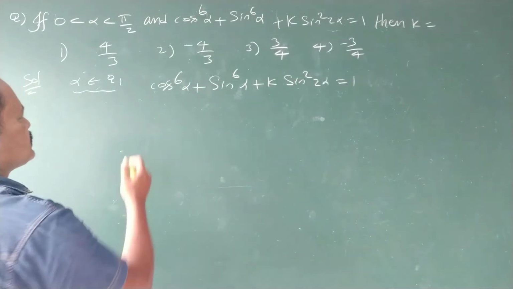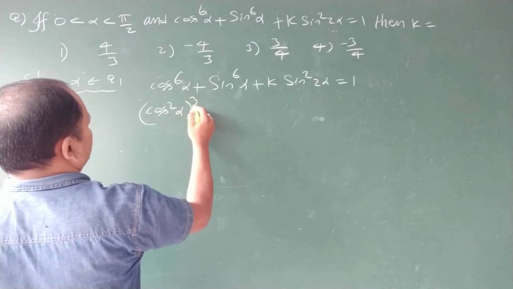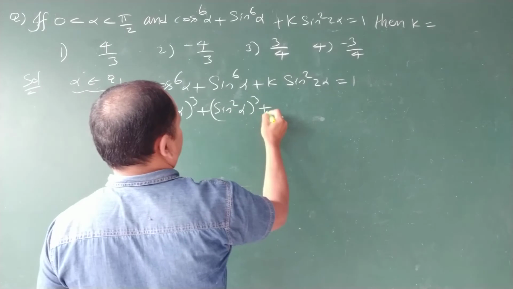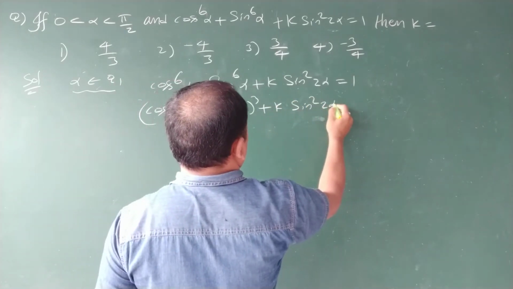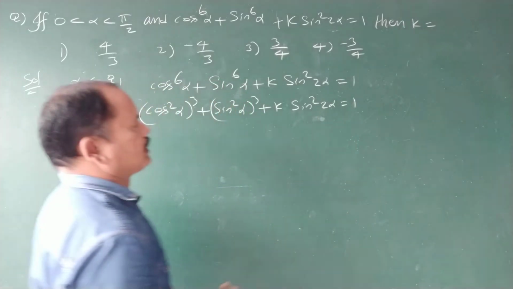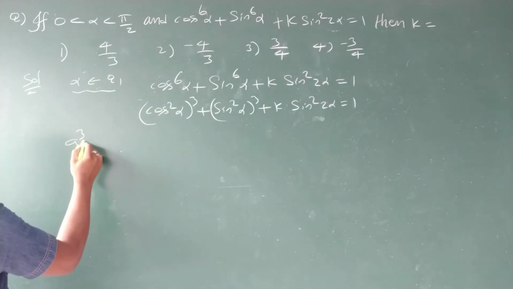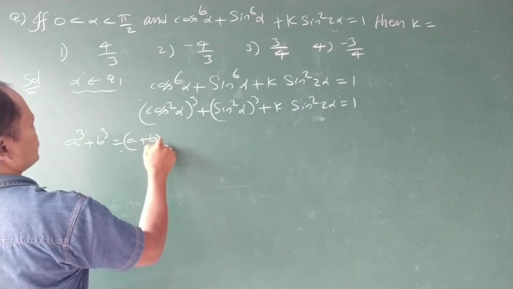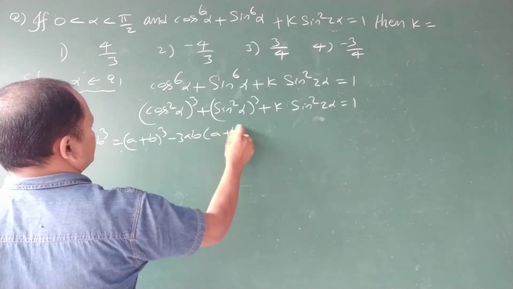Now this can be written as cos square alpha whole cube plus sin square alpha whole cube plus k into sin square 2 alpha is equal to 1. We know the formula a cube plus b cube is equal to a plus b whole cube minus 3ab into a plus b.